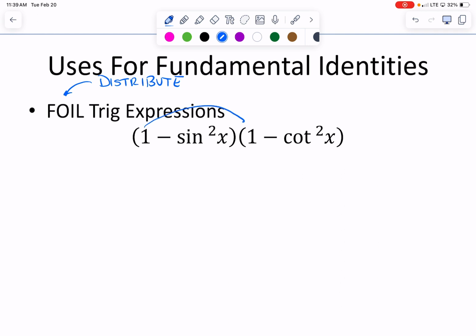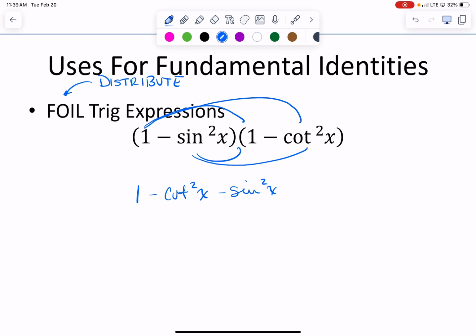So 1 times 1 is 1. 1 times negative cotangent squared is negative cotangent squared. Negative sine times 1 is negative sine squared. And negative sine squared times negative cotangent squared is positive sine squared cotangent squared x.